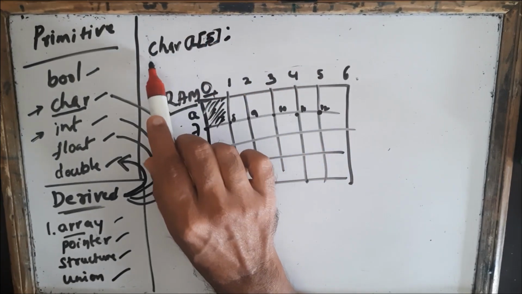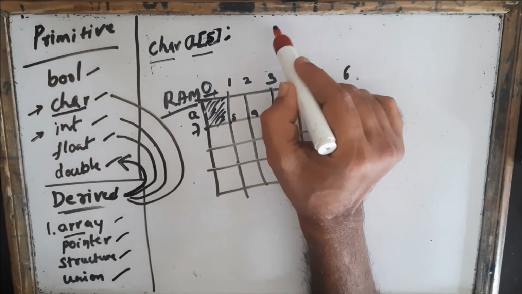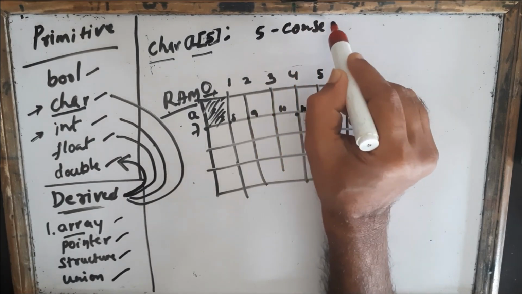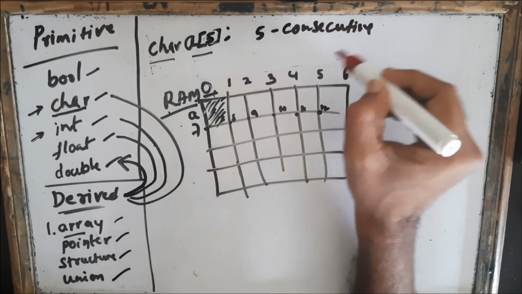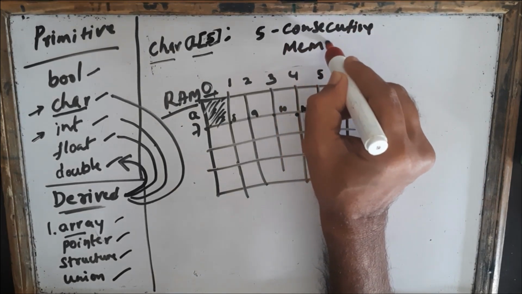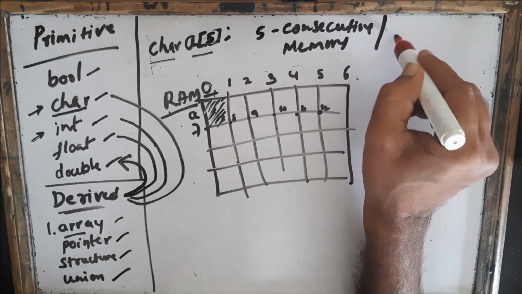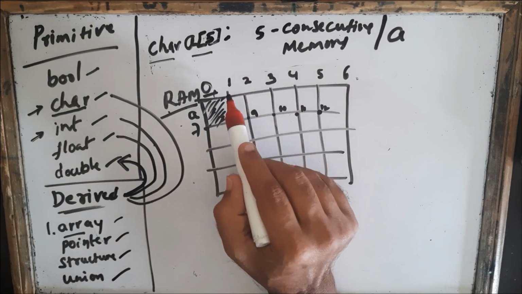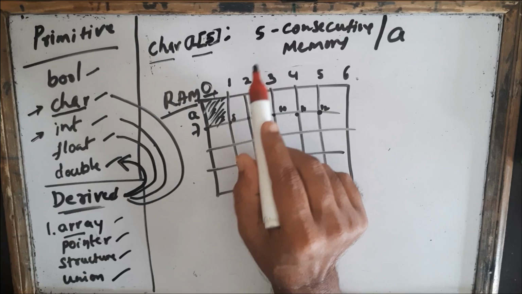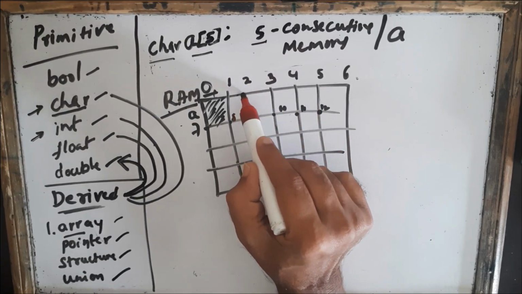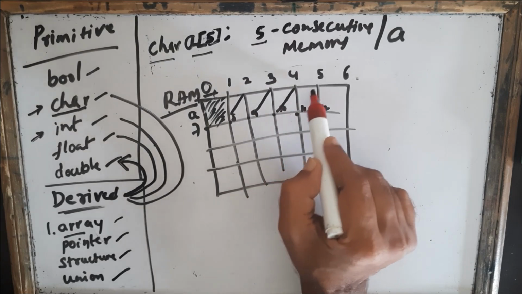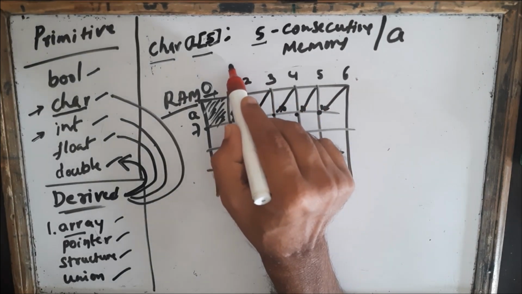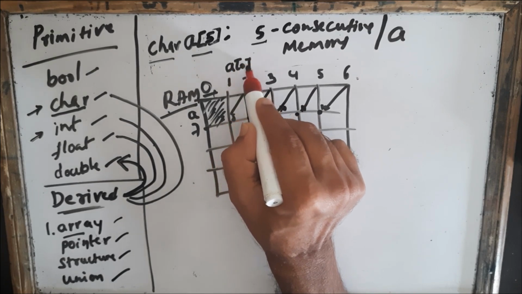Whenever you say character A of 5, it allocates 5 consecutive memory locations, and it will be named A. Say for example address 0 is already allocated in our previous example. Now from 1, this is 5 consecutive memory, so 1, 2, 3, 4, 5. So these are the 5. This will be taken as A of 0 from here.